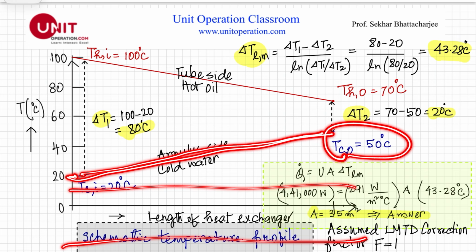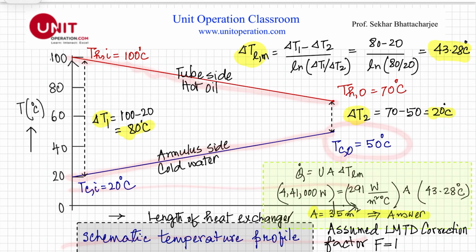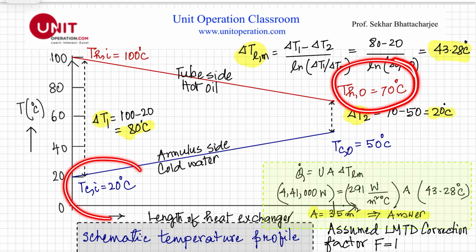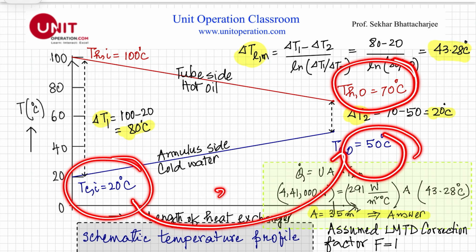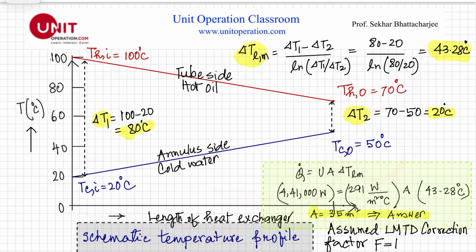We're showing this as a straight line, but in an actual heat exchanger, this might not be the same because of a lot of problems. It's not that simple. Anyway, this is 100, 70, 20, and 50 degrees Celsius, and of course delta T is 30 degrees Celsius.